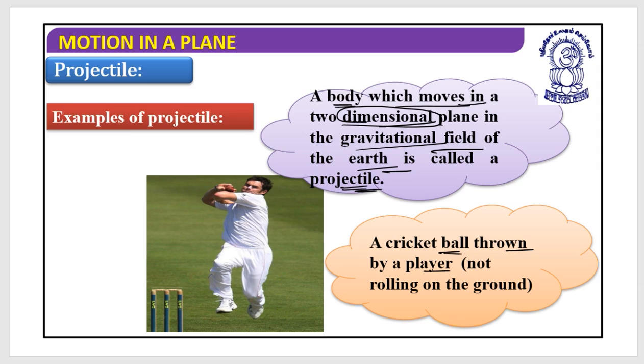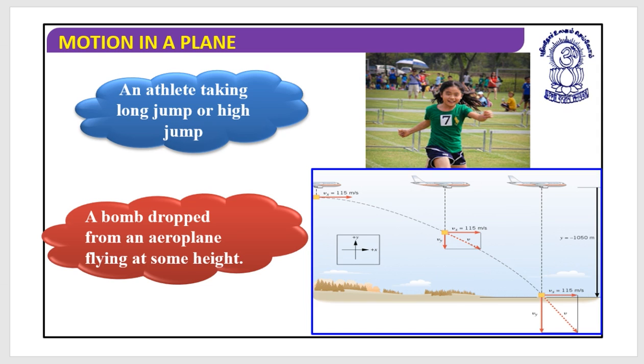Let's look at some more examples. Suppose an athlete is going to do a long jump or a high jump. Even that is a case of a projectile. Look at this second case: this is a fighter plane and it is going to launch some missile or bomb.